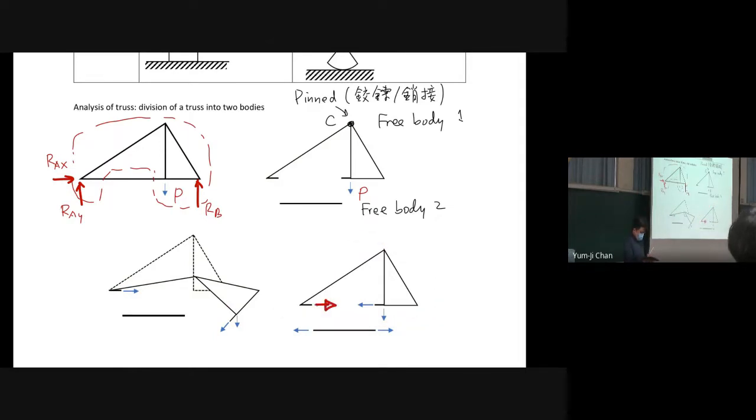If we come back to the original shape, for these two forces, by action and reaction, the forces acting on free body 2 are the same. If these two forces are T, these two forces are T as well.